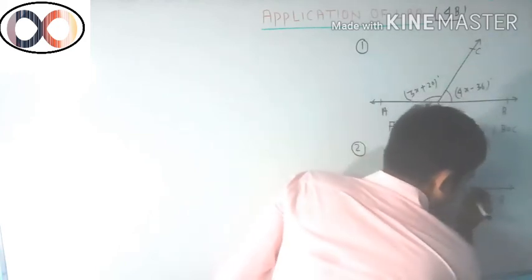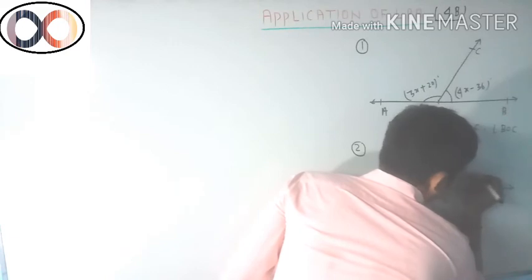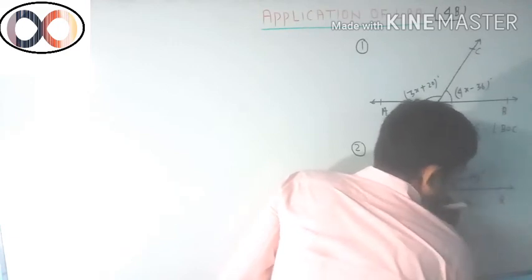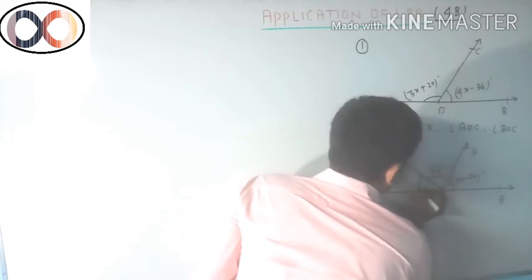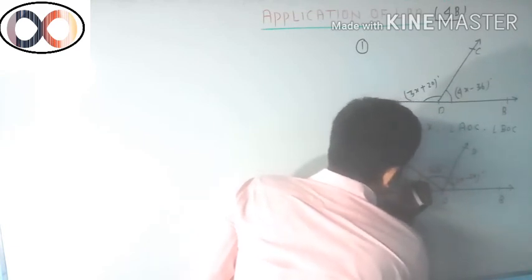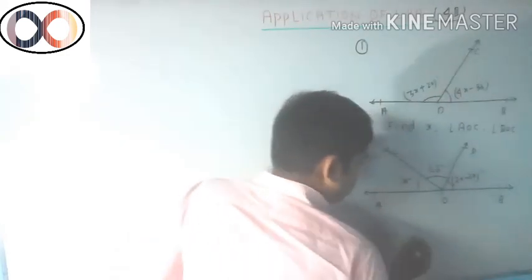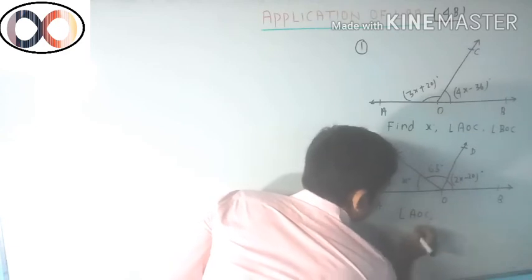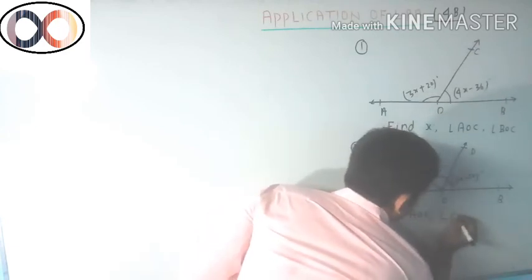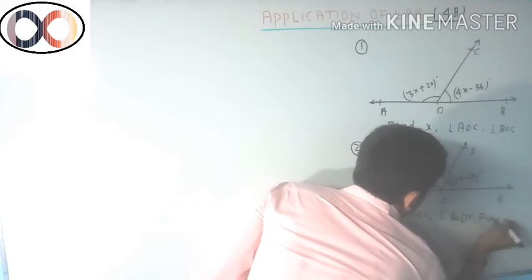The value of this angle is 2x minus 20 degrees, this angle is 65 degrees, and this angle equals x. You need to find angle AOC and angle BOD.